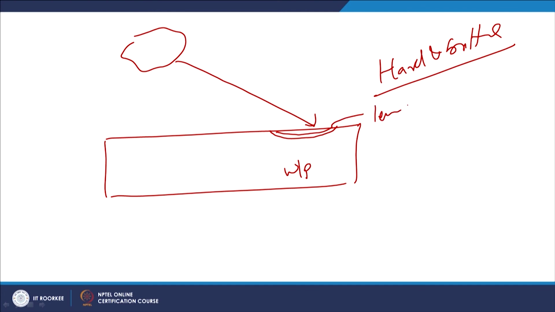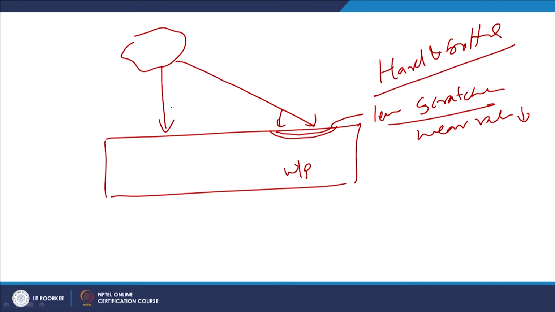So, there is less scratching in this case due to the limited indentation, and therefore the wear rate is also less when the impingement takes place at a low angle, while if the same particle impinges at a high angle, then the high impact will have the tendency to cause fine cracks here and there.